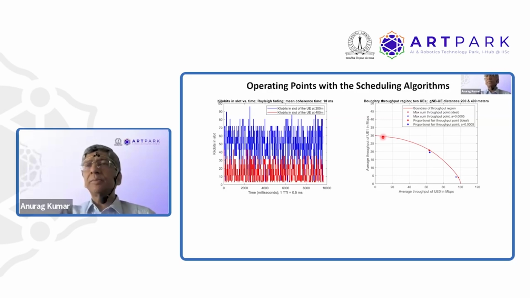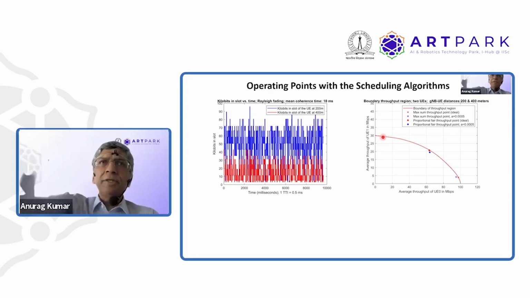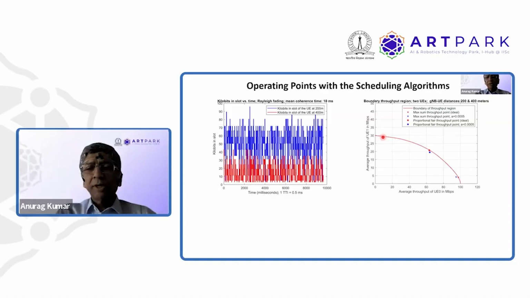That was the algorithm. I plotted that, then I run a scheduler. I also find out the true point. There's a way of doing it. You can ask me offline.